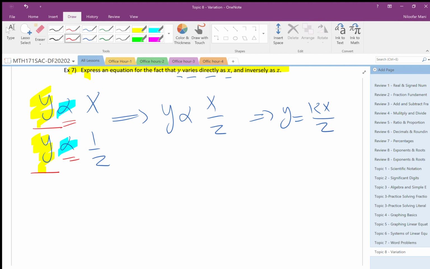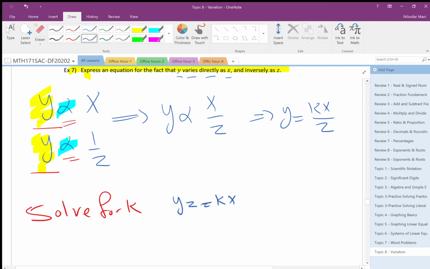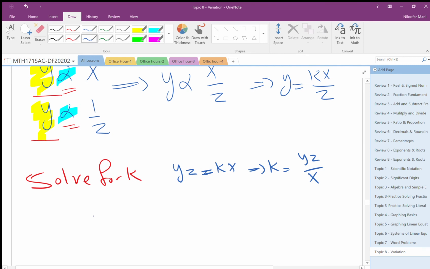Okay, solve for k. What happens when you solve for k? yz is kx. Therefore, k is yz over x. Perfect. So now, y1 z1 over x1 equals y2 z2 over x2.